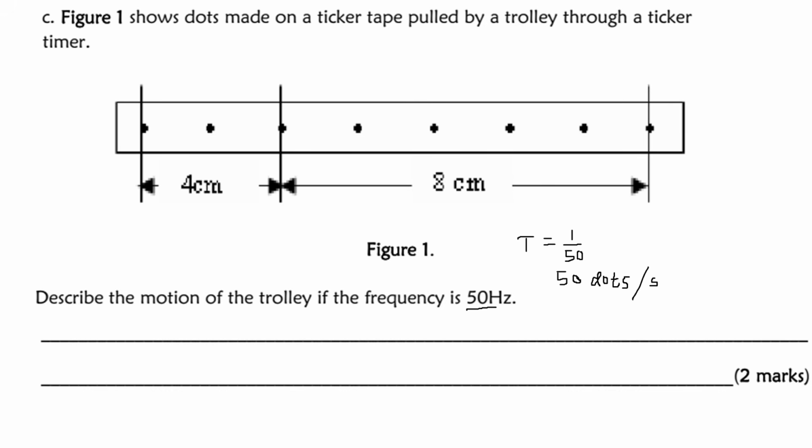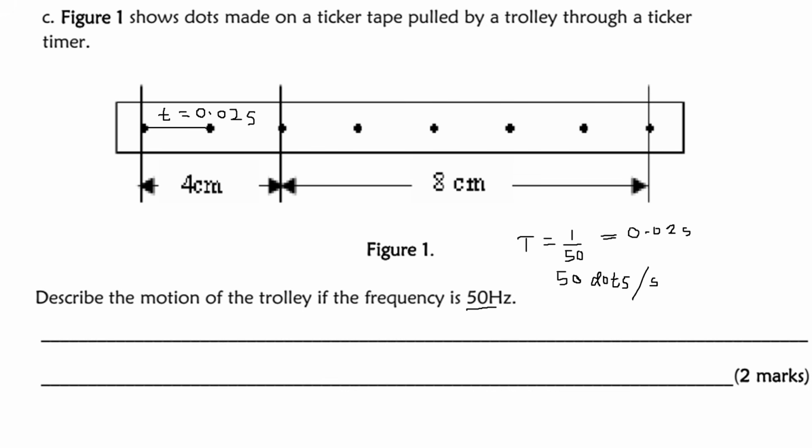Dividing 1 by 50 will give you 0.02 seconds. What this means is that from the first dot to the second, the time is 0.02 seconds.